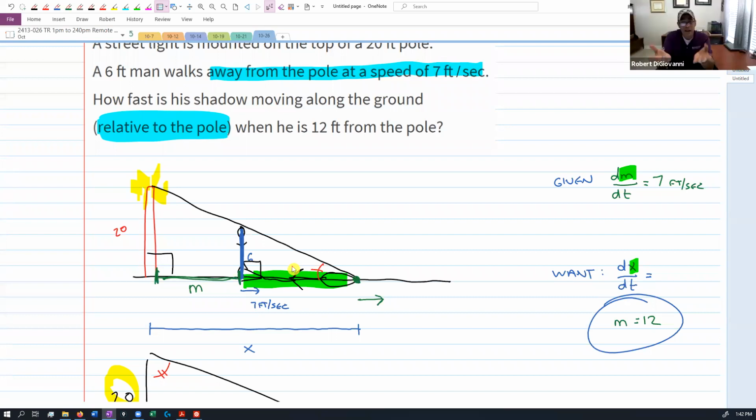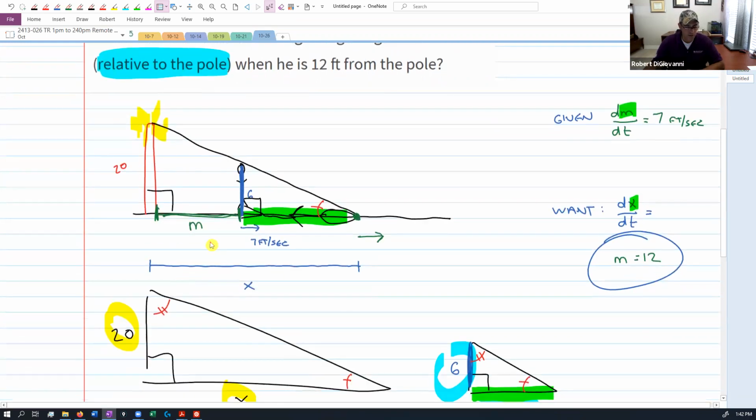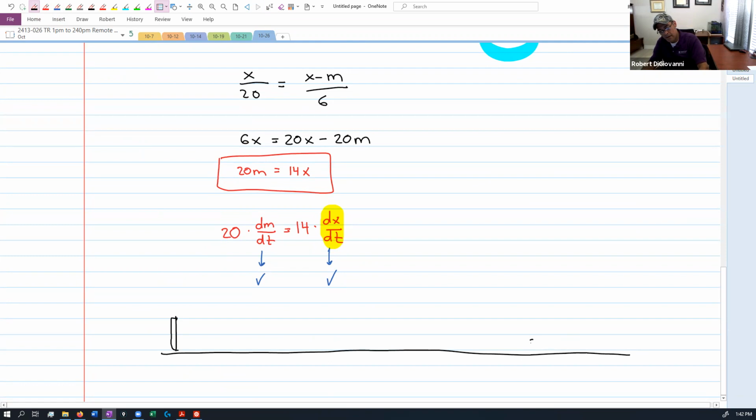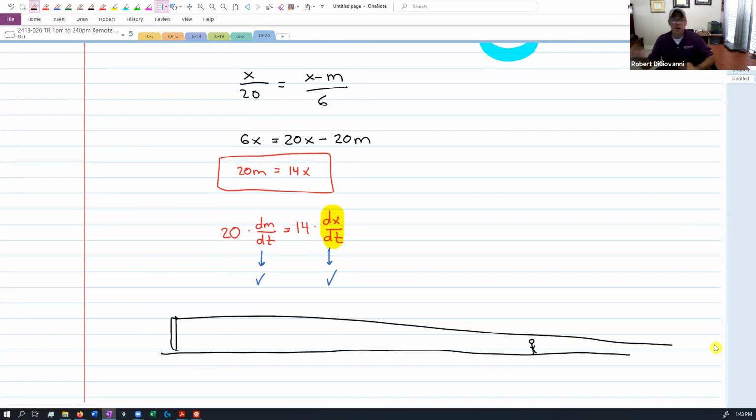You might have an idea, oh yeah, I think it's going to speed up as he gets further away. The further away he goes, think about how long his shadow gets. Imagine this guy, here's the pole. Imagine if this guy is way out here, like this. How long is that shadow? That shadow is going to be super long, isn't it?